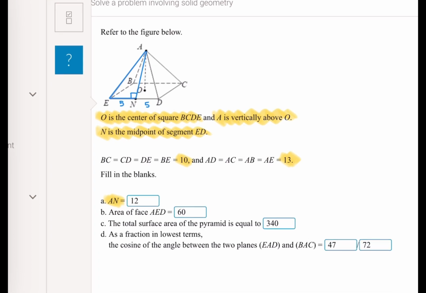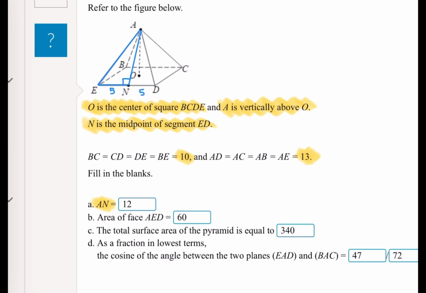So what we're going to do here is the hypotenuse, which is AE squared, is equal to AN squared plus EN squared. And then we're going to rearrange this in a way that we can find AN. So then it's going to be AN squared is equal to AE squared minus EN squared.